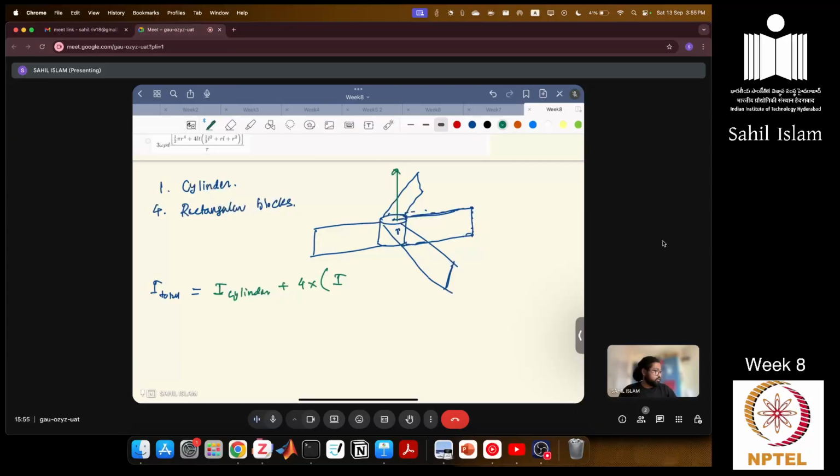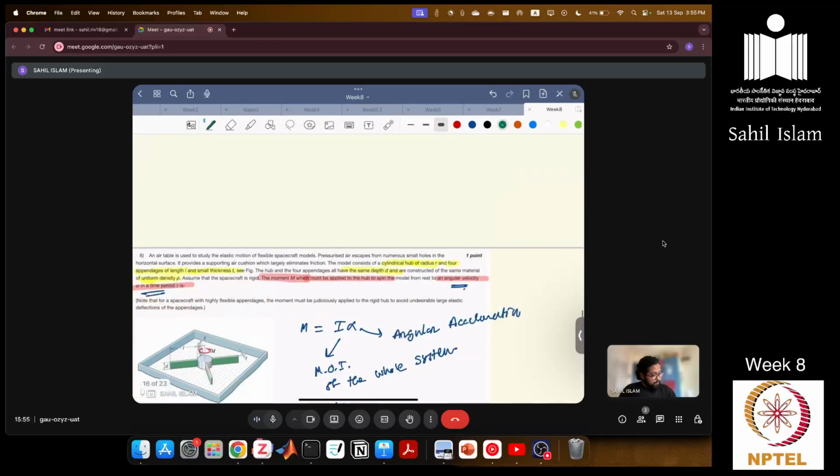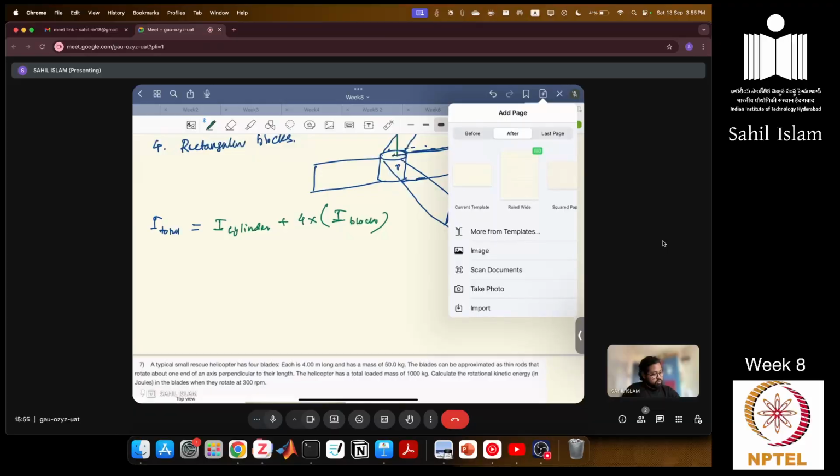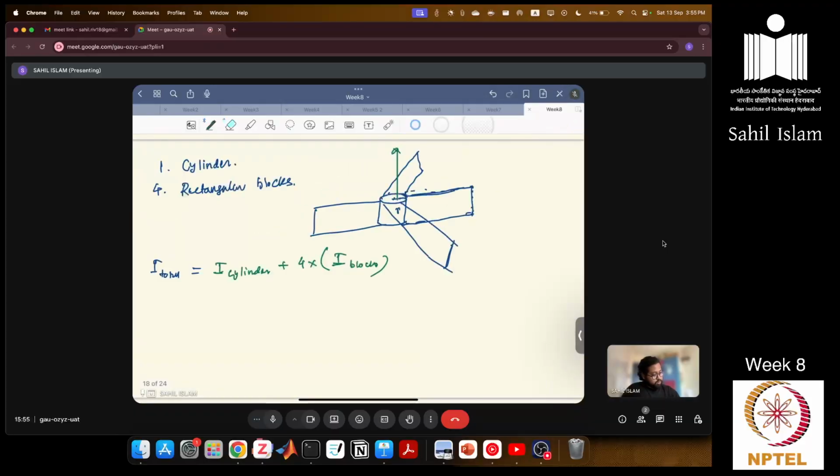These blocks are called appendages, but I'll just call them blocks for simplicity.